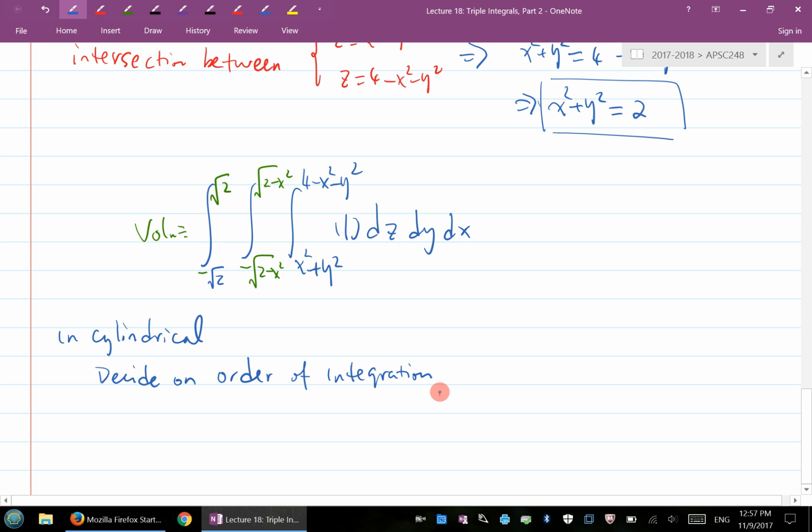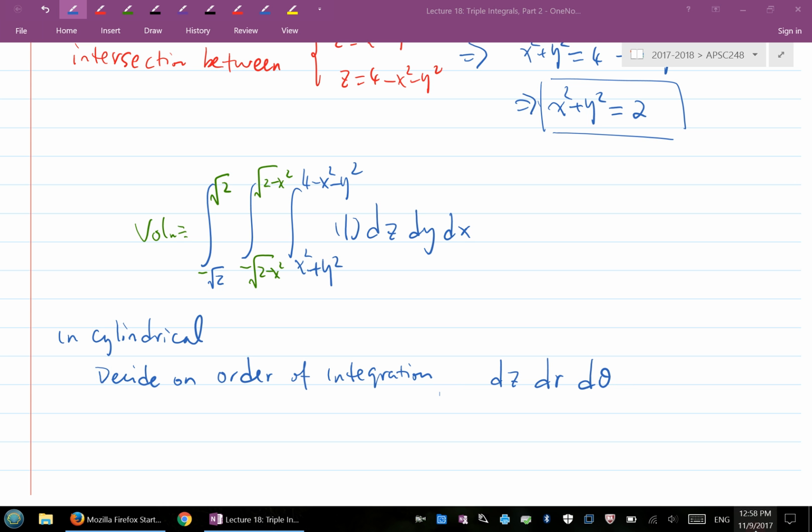But often this order, dz, dr, d theta, usually works for maybe over 90% of the types of questions here. I'll show you how each one demonstrates different orders later, but in most cases you will probably use dz, dr, d theta.